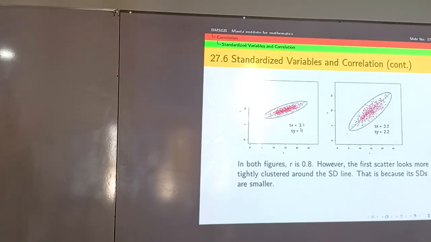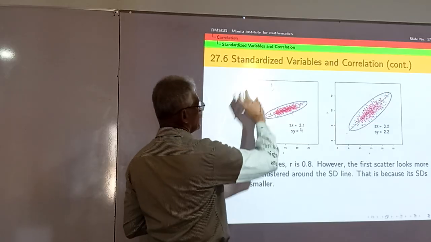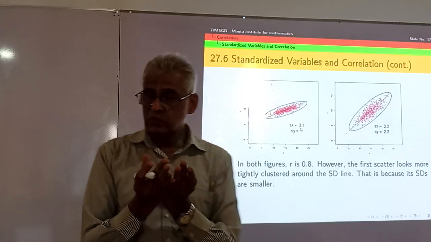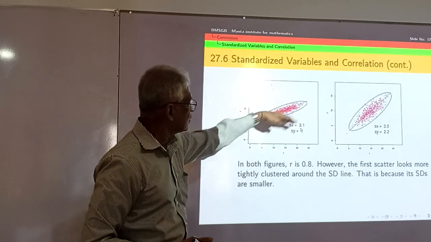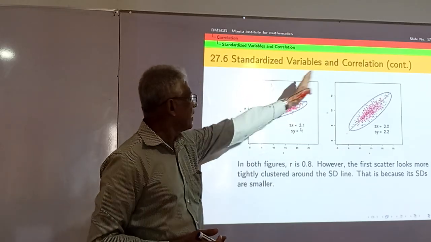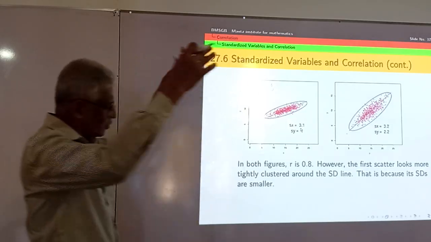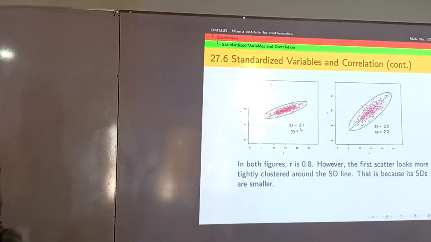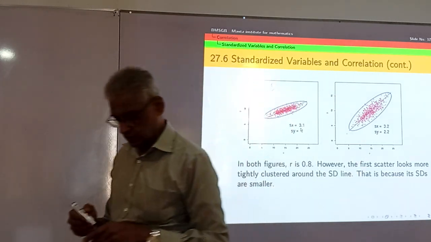But if, for each of these xy values, you calculate the standardized values, subtract the mean of x values from all the x values and divide by the standard deviation, and subtract the mean of y values and then divide by the standard deviation, we will have zx and zy for this graph, and similarly zx and zy for the other graph.